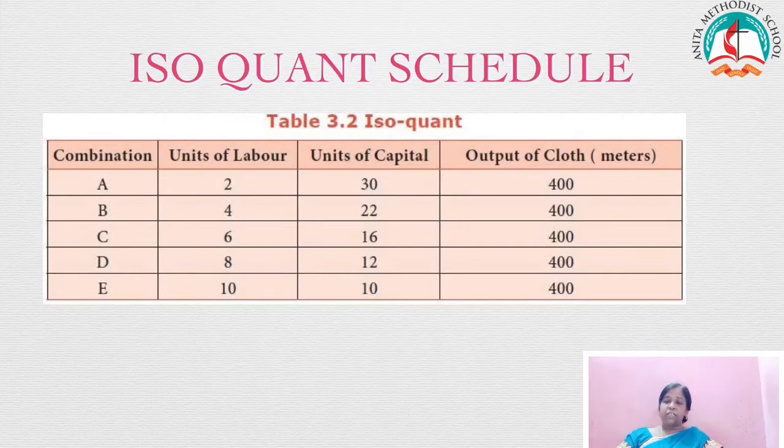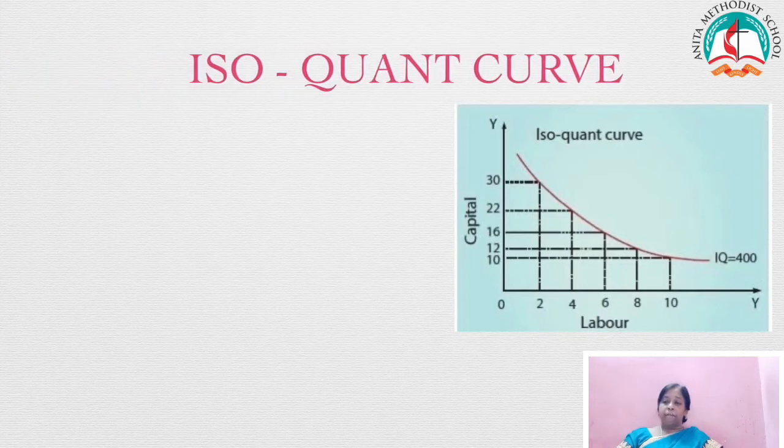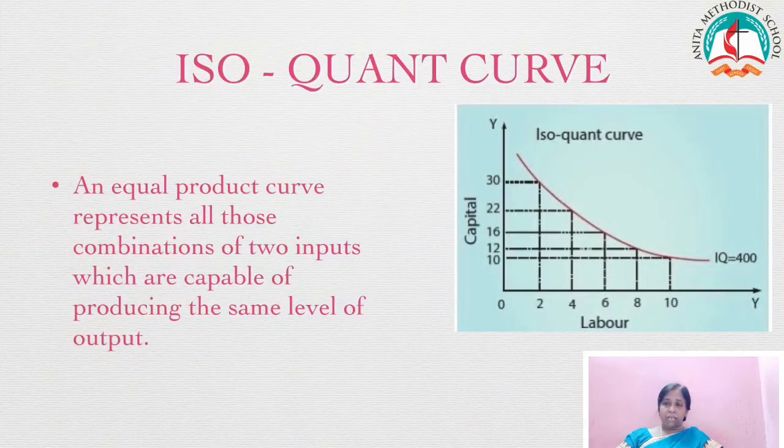With the help of this isoquant schedule, we will draw the isoquant curve. When we join all these different combinations, we get the isoquant curve. Labor will be measured on the x-axis and capital on the y-axis, and when we join all these 5 combinations, we get the isoquant curve, and the IQ, that is the output, will be only 400 meters of cloth.